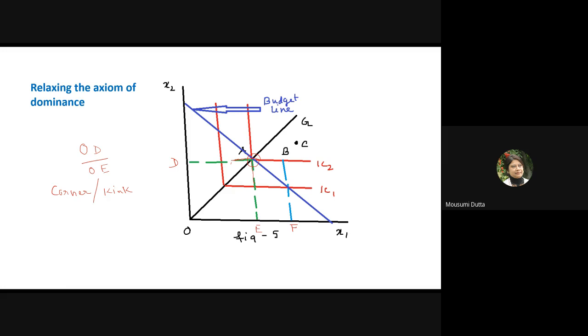Figure 5 indicates that commodities are consumed in a fixed ratio, OD by OE. The ratio is shown by the line OG.